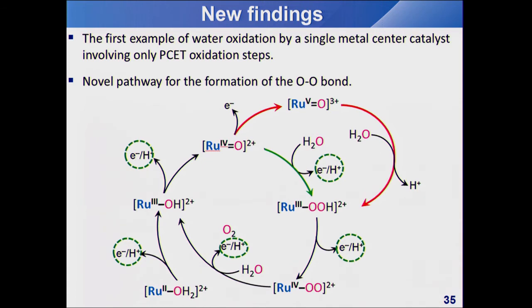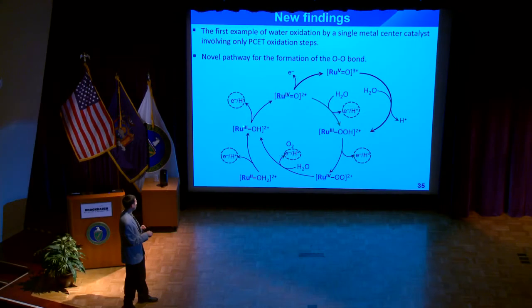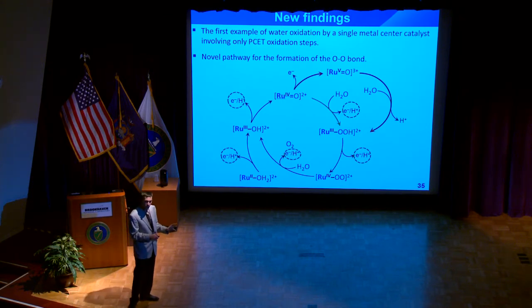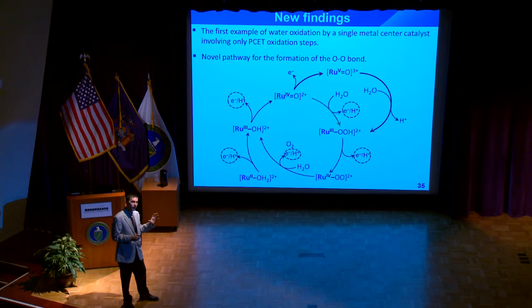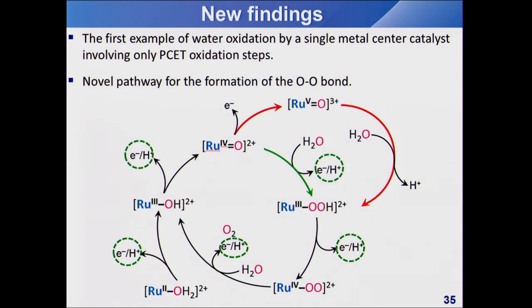Well, first of all, we found that this type of catalysts I've shown you operate through all proton-coupled electron transfer steps. So all steps are proton-coupled electron transfer. And it's important because, as I mentioned before, we don't want to create a substantial charge. As you can see, all the overall charges in these mechanisms are +2.